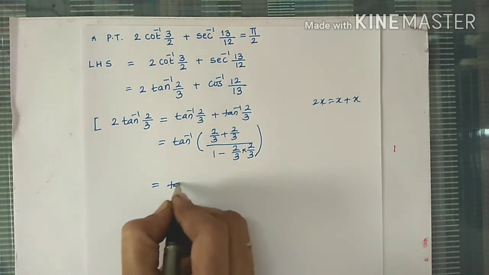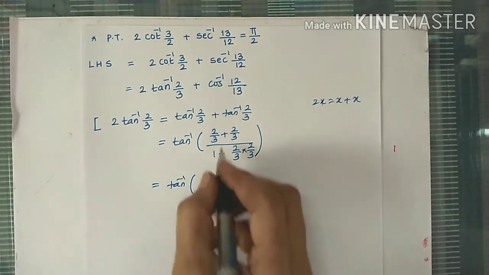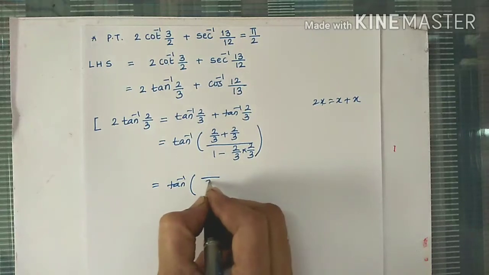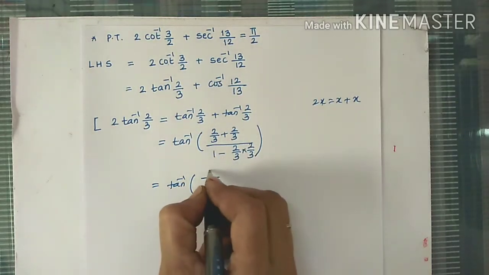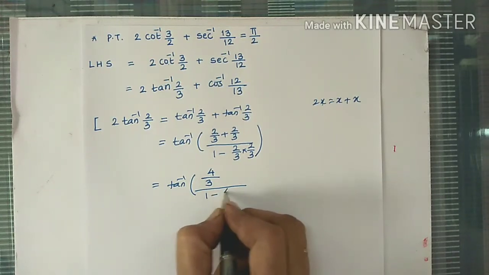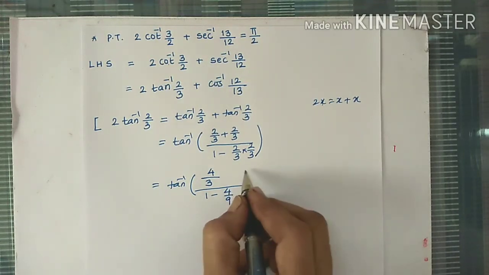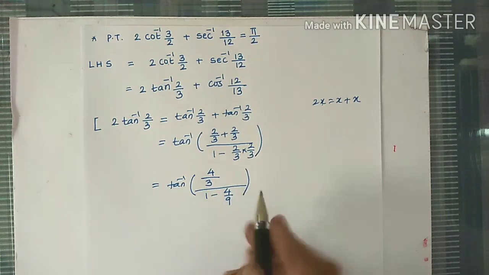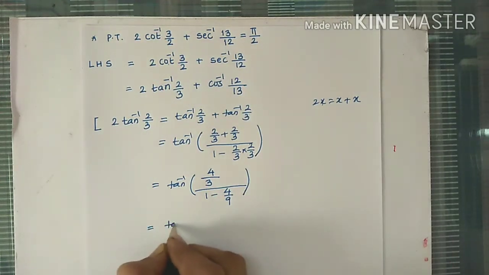So that becomes tan inverse of, now the denominator is the same here, so adding the numerators we get 2 plus 2, that is 4 upon 3, divided by 1 minus, here we have to multiply these two terms, so it becomes 4 upon 9.